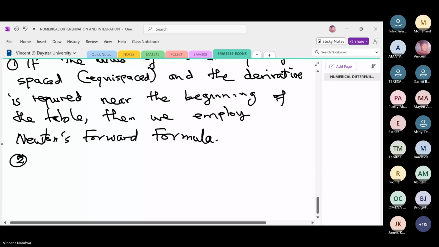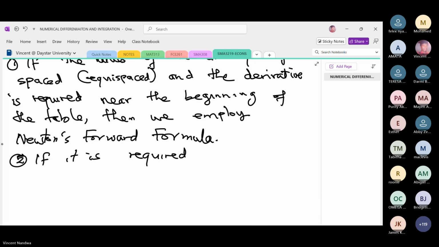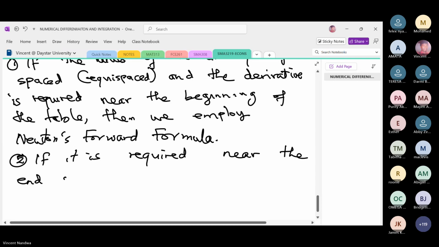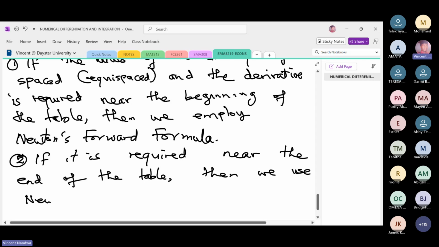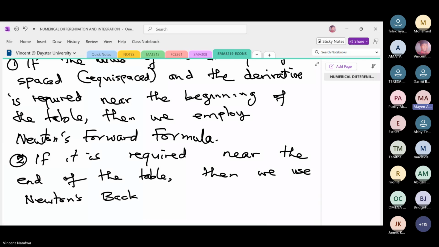Then 2, if it is required near the end of the table, then we use Newton's backward formula.